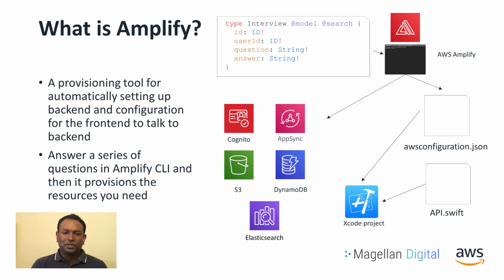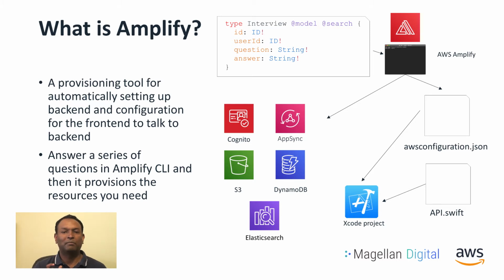So our process was to build the data model: what does it have in an interview, your user, data, all those things. We build that data model and we give it to Amplify to provision all the backend resources. Our workflow is that the moment we have a database update, we change the API schema, which enables us to put that file into the Amplify CLI and provision the backend.